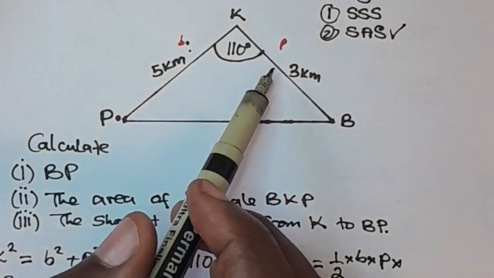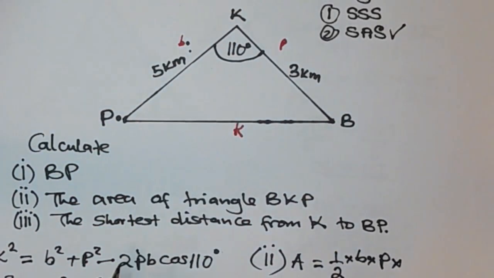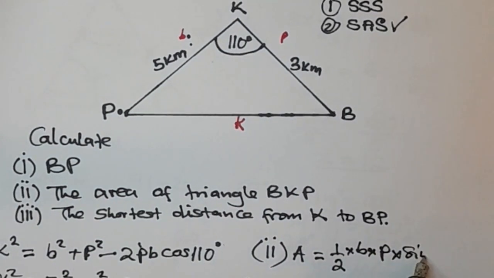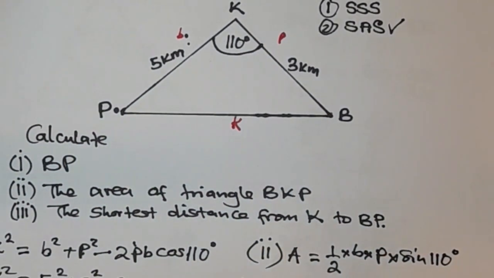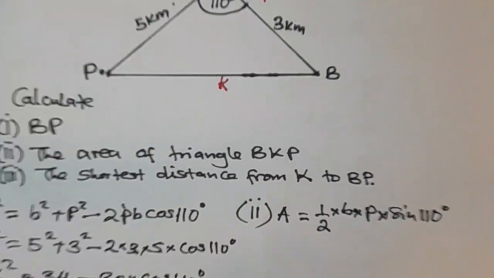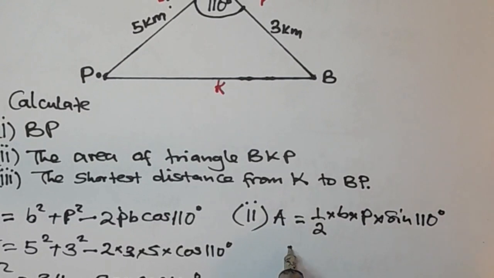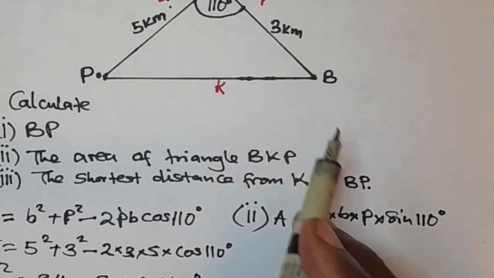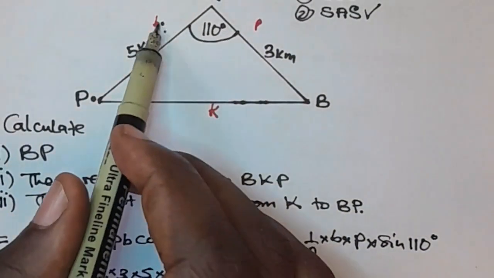So you are using the given sides and an angle. Then sine the angle, the given angle, 110 degrees. Okay? So now we go ahead and replace. So we have half times B, here we say B is 5.